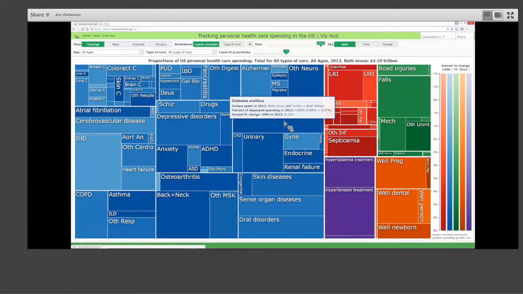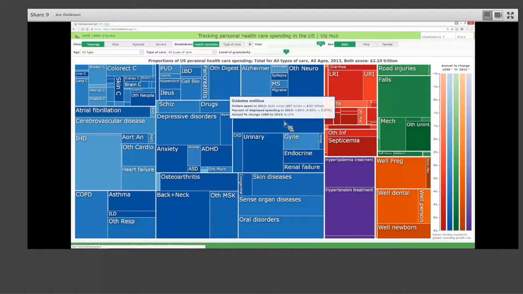It's an annualized rate from 1996 to 2013, which is really remarkable because this is after controlling for the impact of inflation. So the total health sector as a whole across this time period, after adjusting for inflation, is growing at about 3.5%. So diabetes spending is growing almost double as fast as the health sector as a whole.